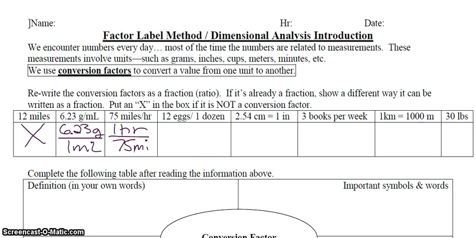Now 75 miles per hour, I could use that to convert from the miles driven to the time it would take. And I could use that in either direction. That's why I flipped it upside down. The relationship is still there no matter which way I write it.